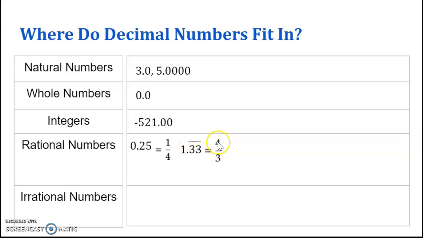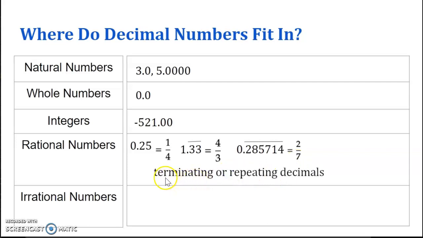That is really the same as 4 over 3. And any repeating decimal can be represented as a fraction. When you have a pattern of numbers that are being repeated over and over again, it can always be represented as a fraction. So terminating or repeating decimals are included as rational numbers.